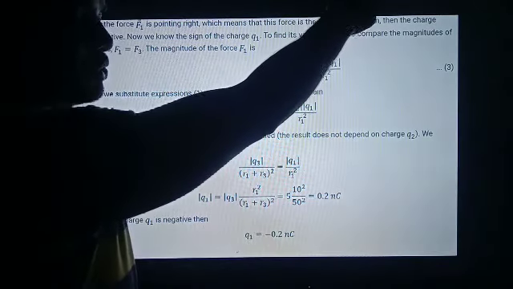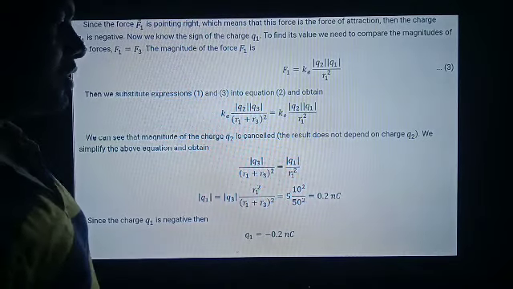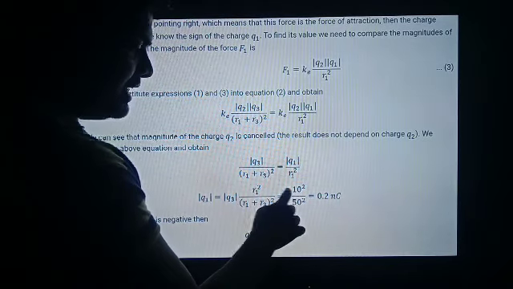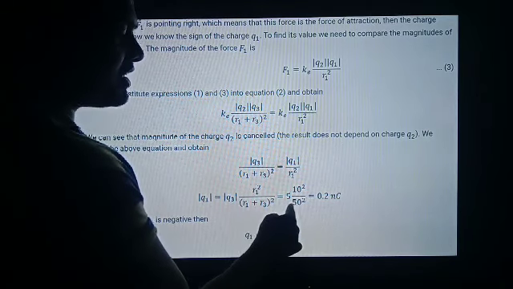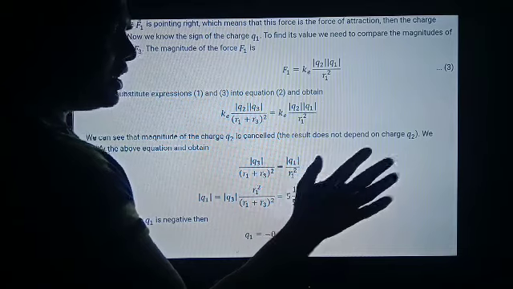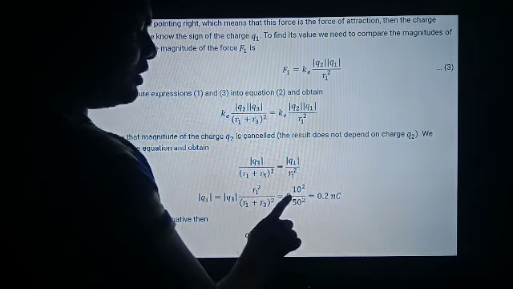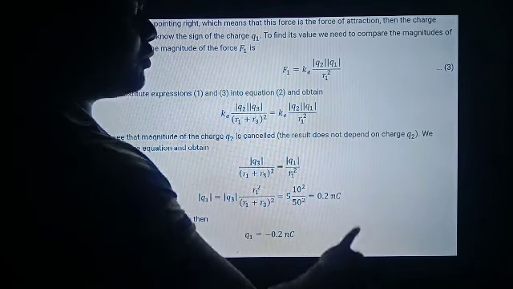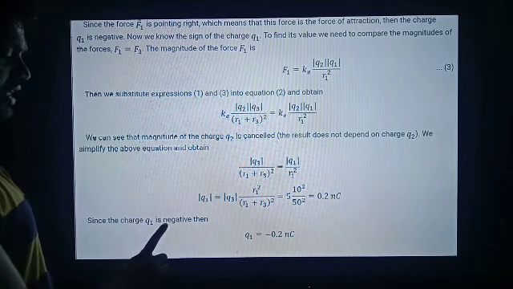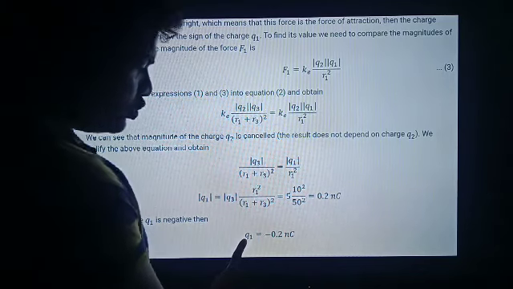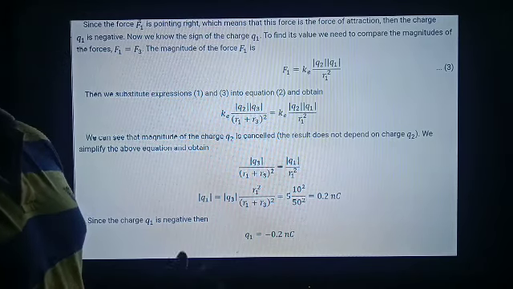The charge Q3 was 5 nanocoulomb, R1 is 10 centimeter whole square, and R1 plus R3 is 50 centimeter whole square. It does not need changing to meters because both are centimeters. Then the answer will come 0.2 nanocoulomb. Since the charge Q1 is negative, Q1 must be equal to minus 0.2 nanocoulomb.